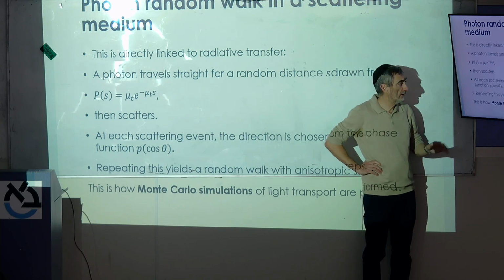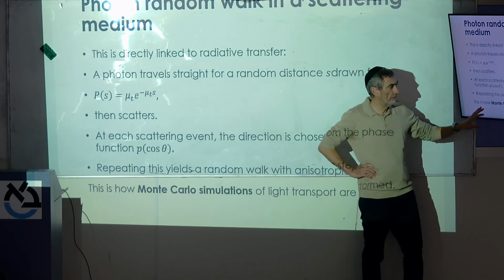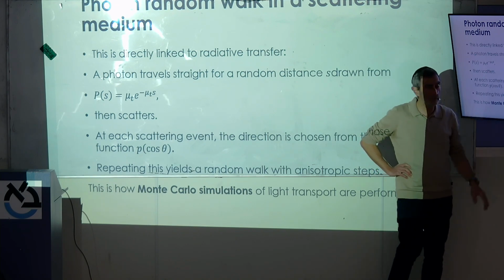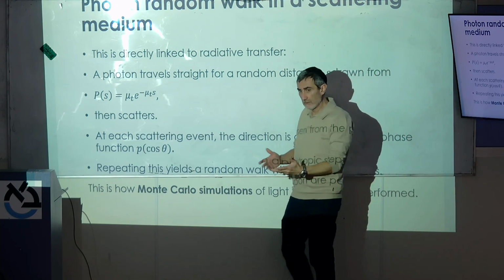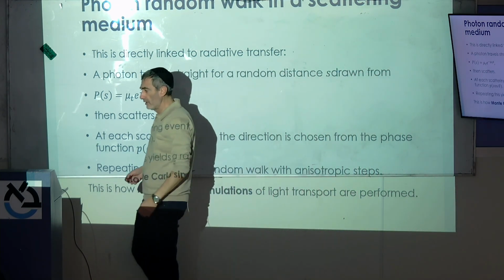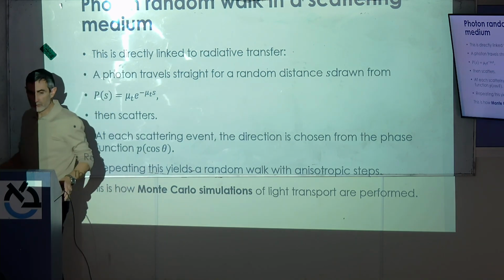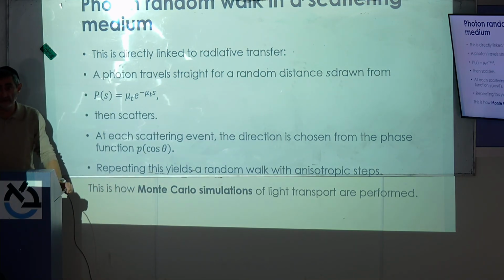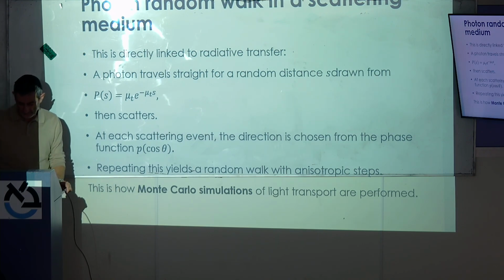That gives you a very nice description of light transport in the scattering medium that you define. So it's a very powerful simulation tool, very simple to implement, and very accurate actually. This is really a statistical model to describe the propagation. So Monte Carlo simulation, and I will finish with that.